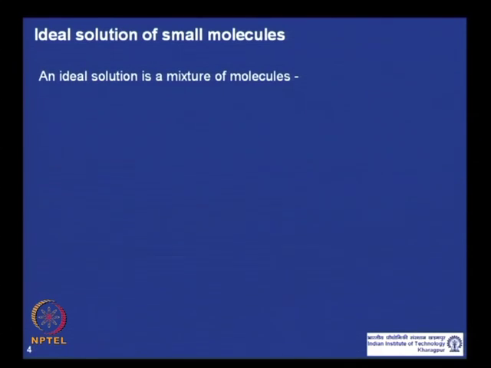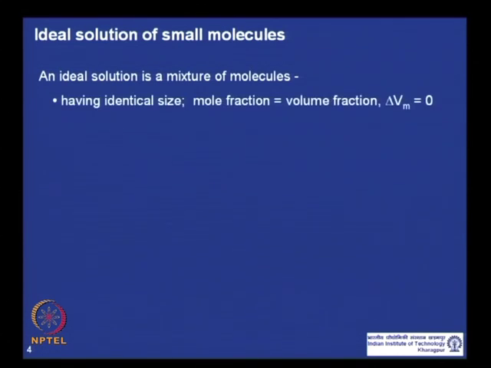Now, an ideal solution is a mixture of molecules having identical size. We call a solution an ideal solution when all the components, solute and solvent, have the same individual molecular sizes.